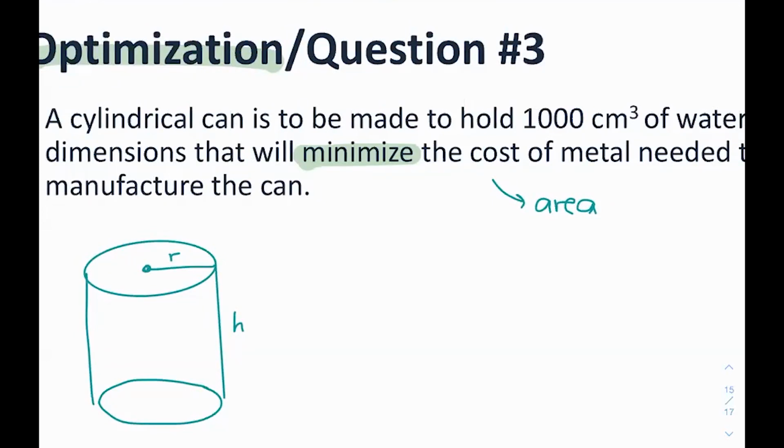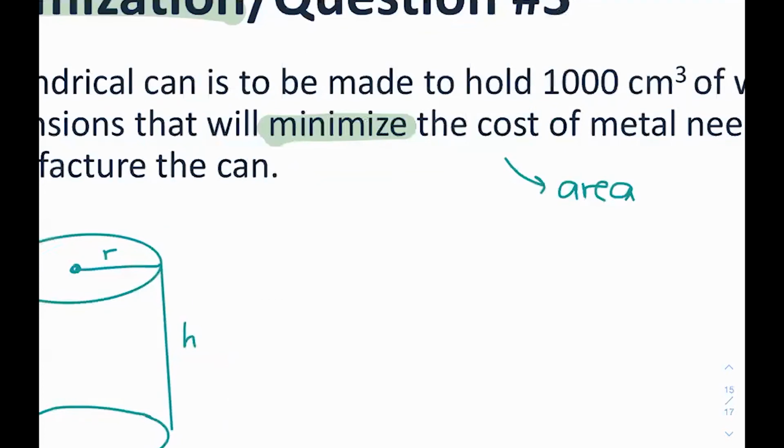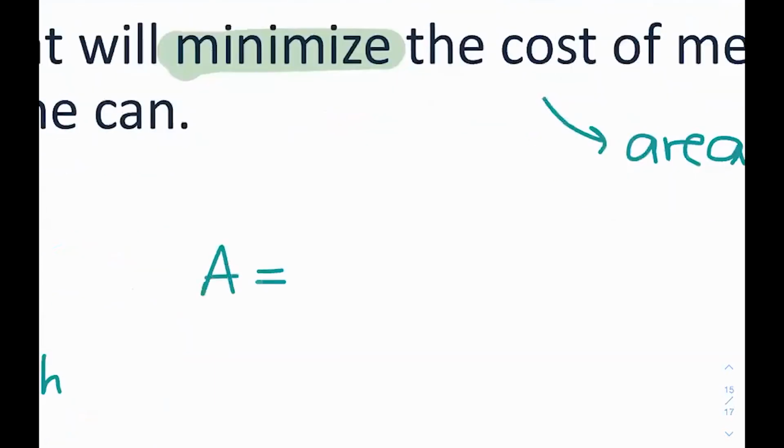Since we just talked about minimizing area, we need an area formula. Area of this can, I'm going to call it capital A, generally what we would use for area. Area of a cylindrical can is going to be 2 circles, so area of 1 circle twice, plus the area of the unrolled side of the can.